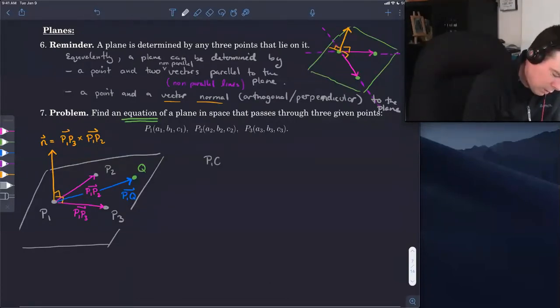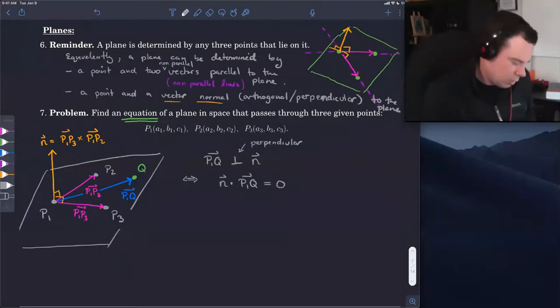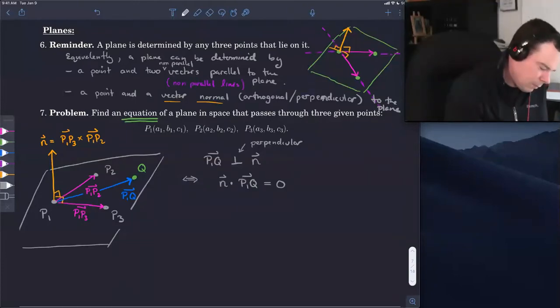So the thing to note is P1Q is perpendicular, so that's our symbol for perpendicular, perpendicular to N. And that means, or it's equivalent to, that their dot product is 0. And so we get an expression like this. And this is our equation of the plane.